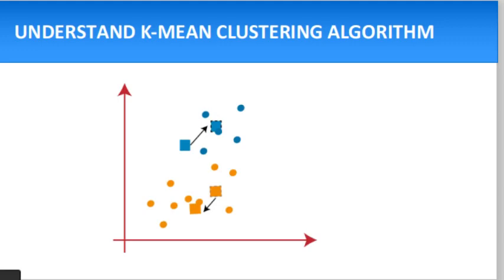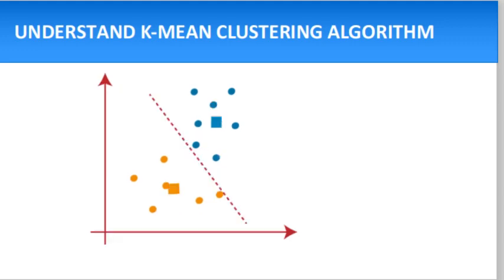After that, as reassignment has taken place, we will again go to step 4, which is finding new centroids or k points. We will repeat the process by finding the center of gravity of the clusters. After that, as we got the new centroids, again we will draw the median line and reassign the data points.